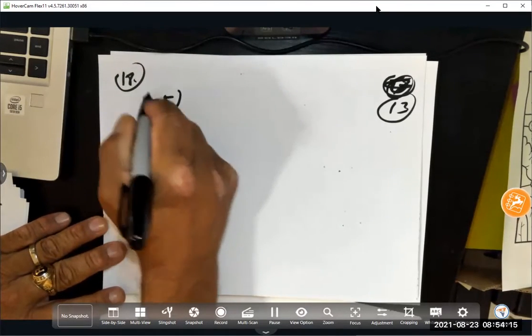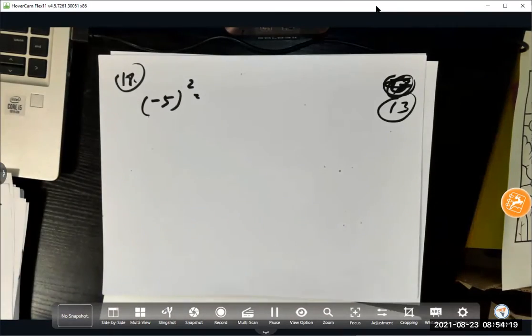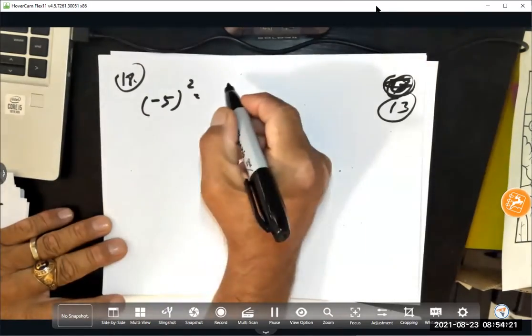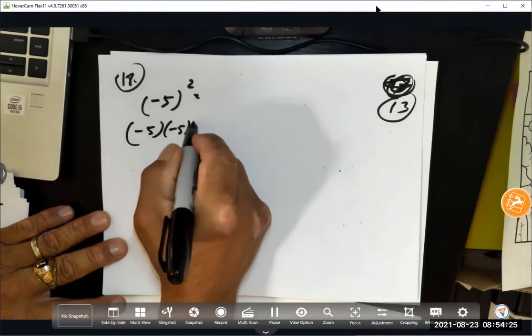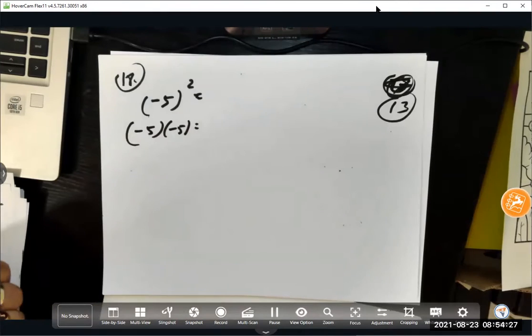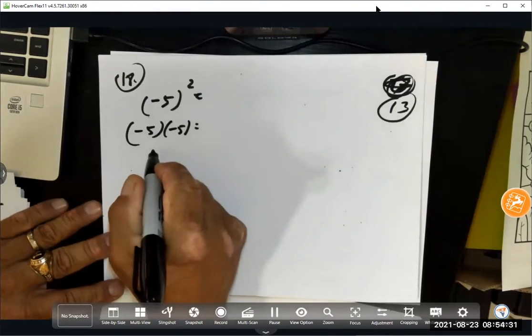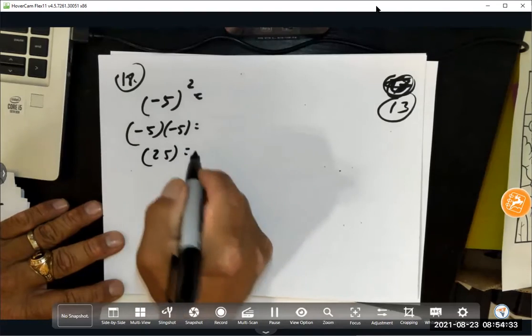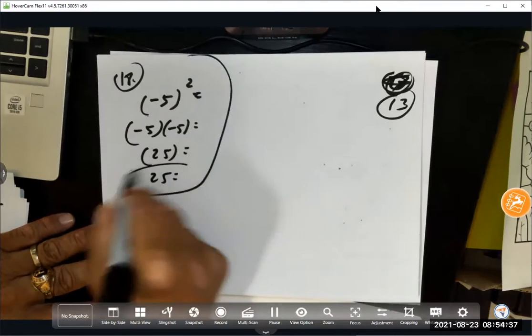Negative 5 to the power of 2. When you see something like this, it means negative 5 times negative 5. That's what it means. The whole thing times the whole thing. And a negative times a negative is going to be a positive number. So that's going to be 25. So here's my answer at the end, 25.